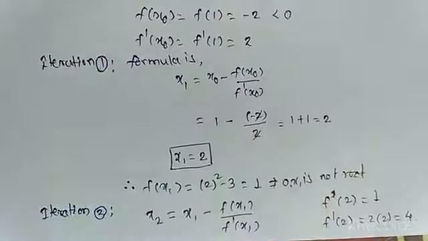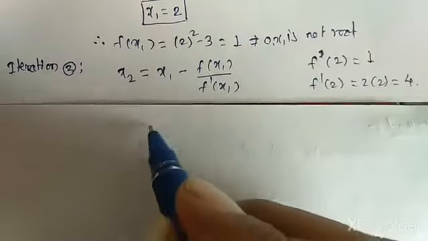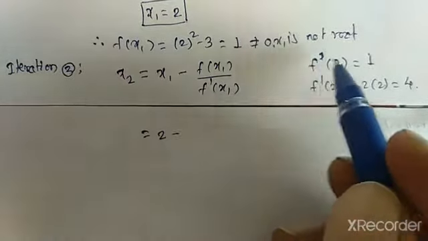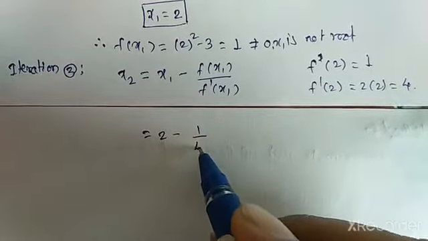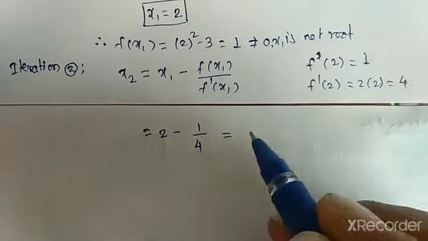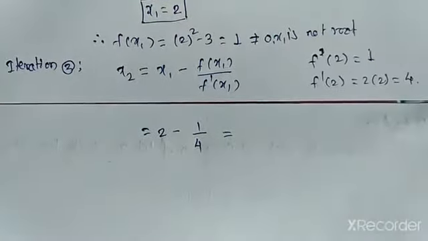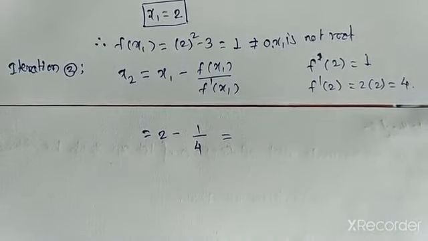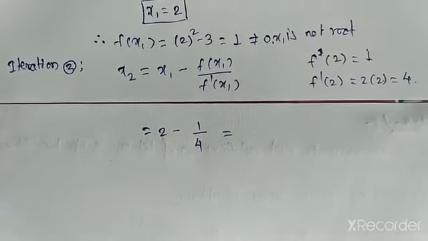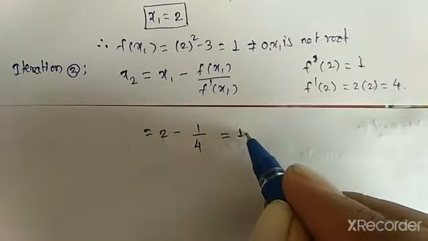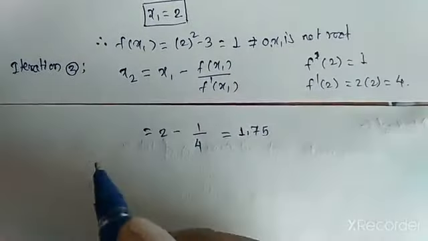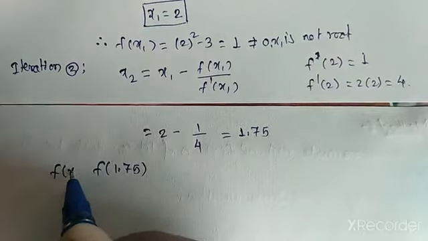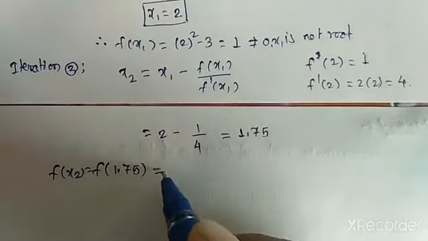So x1 is 2, f of x1 value is 1 and f dash is 4. So 2 minus 1 upon 4 is 1.75.